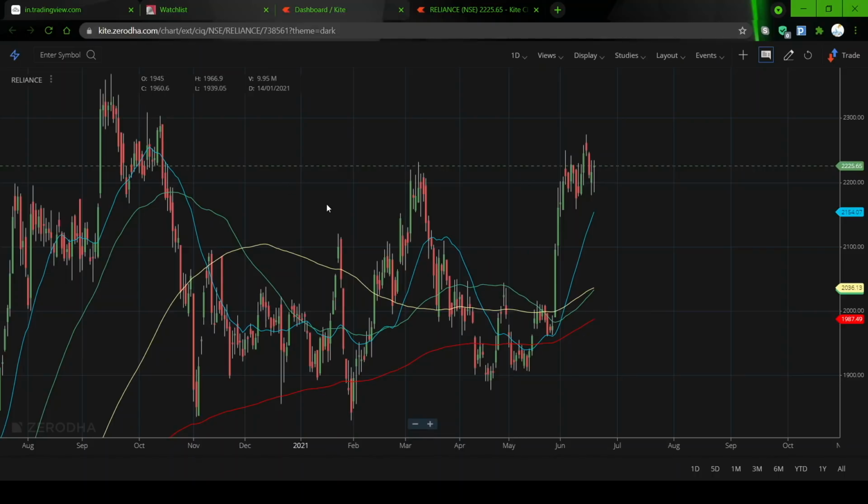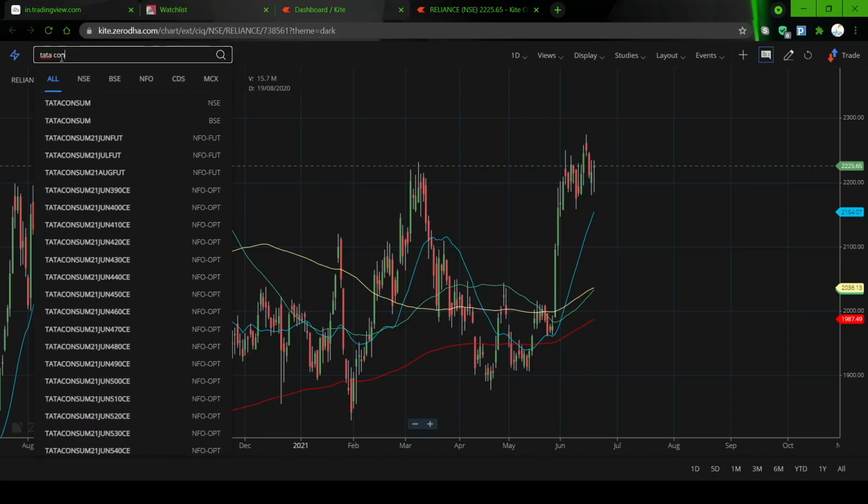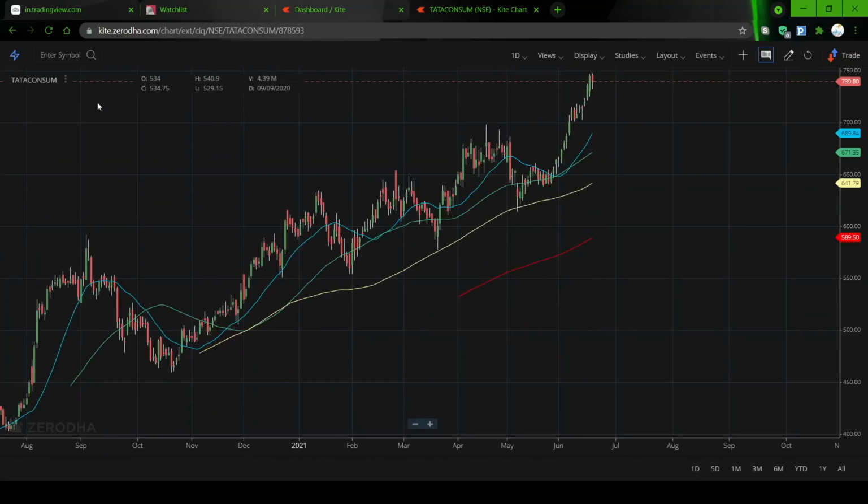Let us take one more good stock, Tata Consumers. If you see Tata Consumers, you can see the very clear uptrend, how the stock is moving on a pattern. The stock goes up, comes down, and takes the support at the 100 moving average.